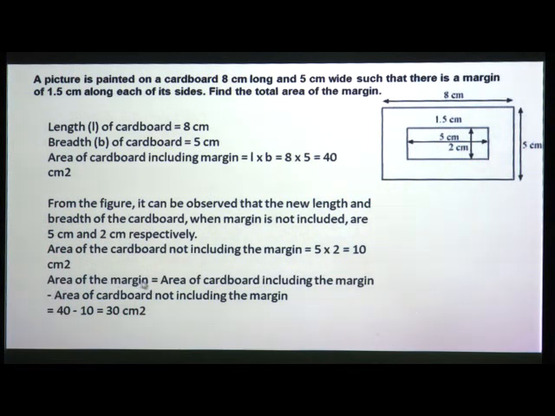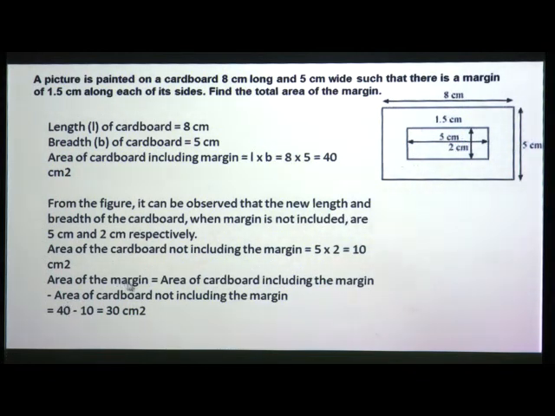Now, we have to find the area of the margin, which is similar to a path which we had seen in the previous session. We had some examples related to a garden or a road which is known as a path. Here we have the margin, because this is a painted picture with a frame.